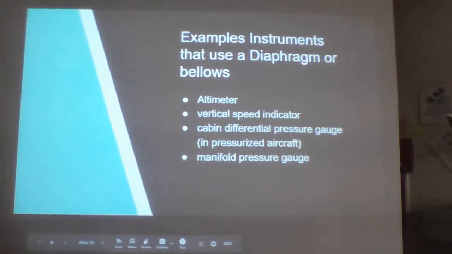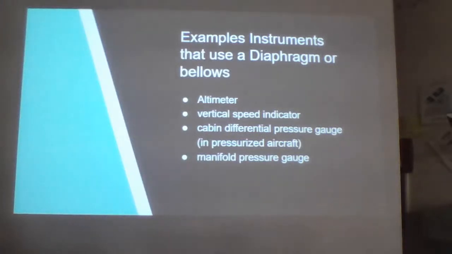Examples of instruments that use a diaphragm or a bellows type device: the altimeter, vertical speed indicator, cabin differential pressure gauge, which is in pressurized aircraft only, and the manifold pressure gauge. All of these types of instruments use a diaphragm or a bellows device for the pressure reading.